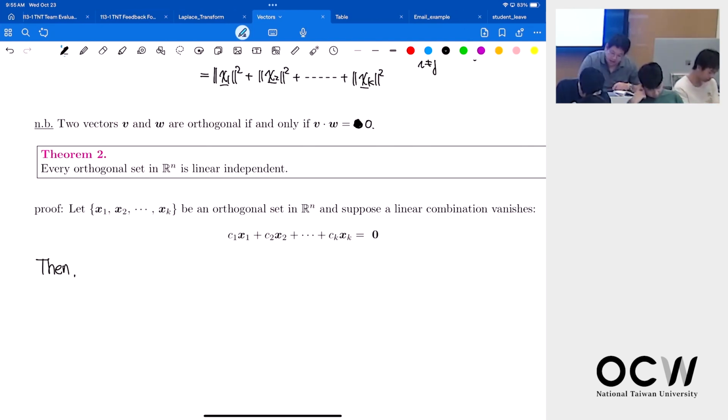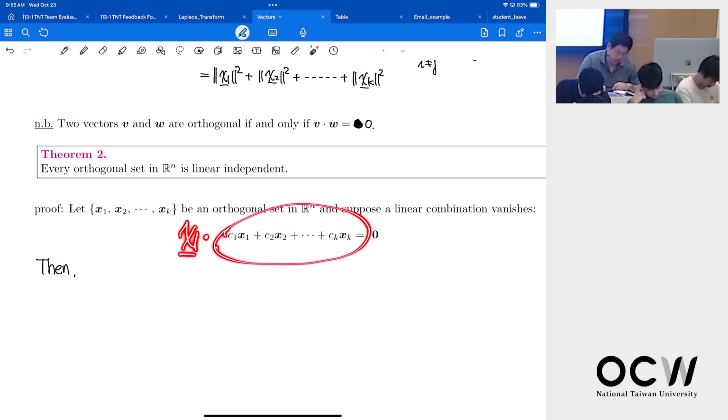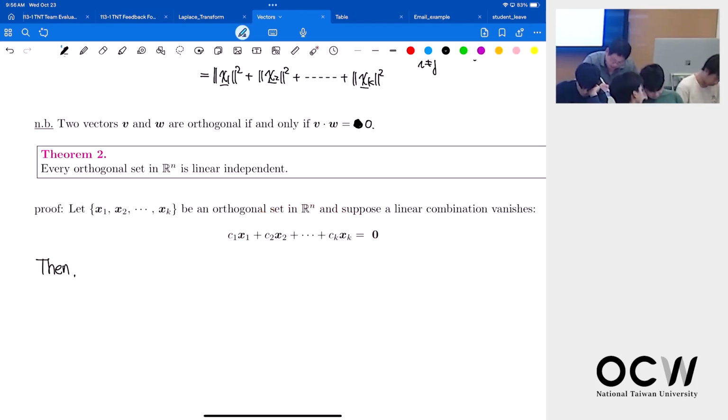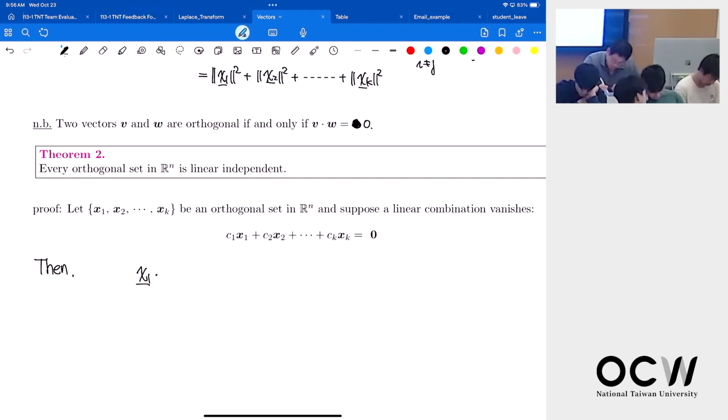So now, suppose this is the zero vector. If I do the dot product with x1, what happens? The left-hand side is x1 dot product the zero vector.